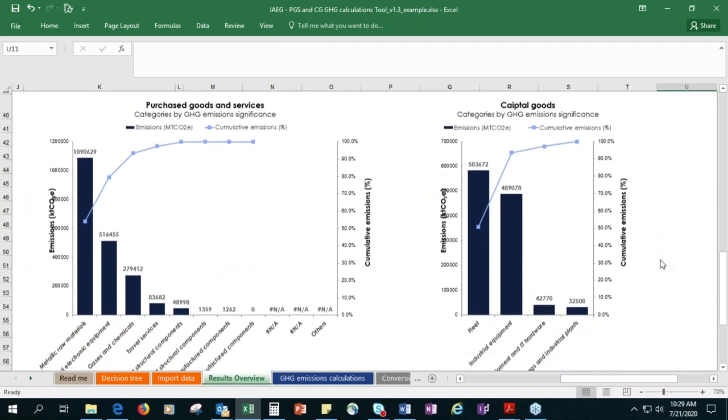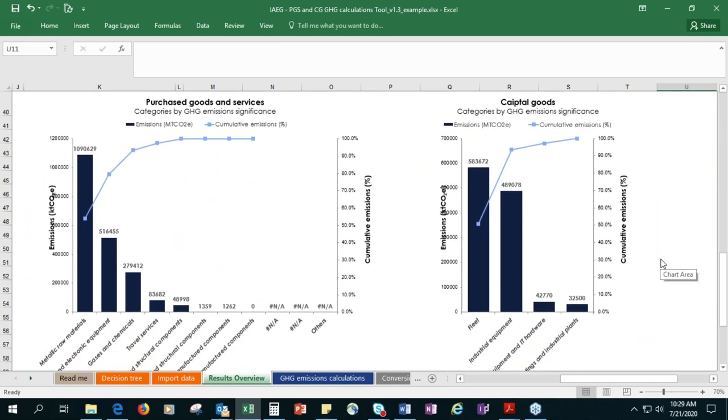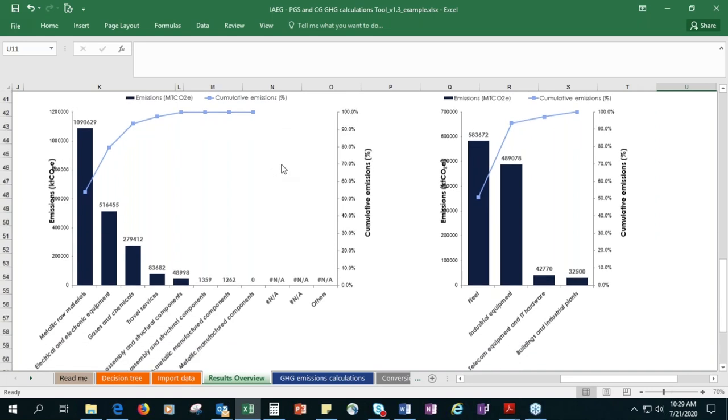And then lastly, as we move into the final visualization, again, for both purchase goods and services on the left and capital goods, you've got a bar chart breakout of each of those categories, as well as a cumulative line that indicates, as you add from left to right, the impact grows up to the 100% of your total inventory for that particular category.